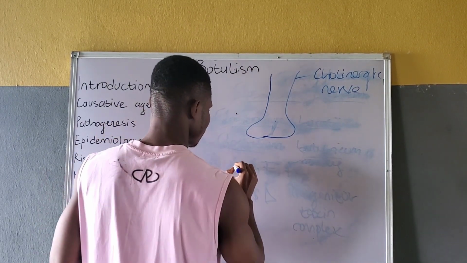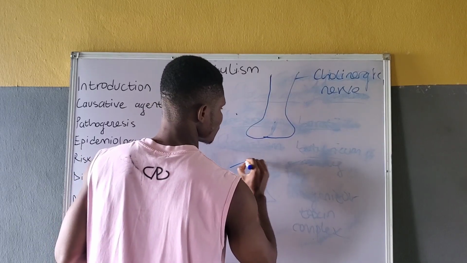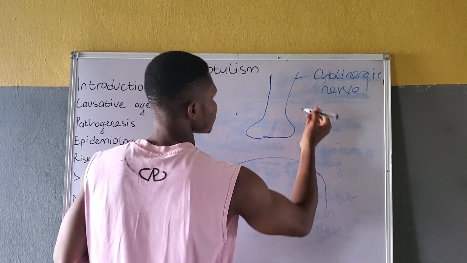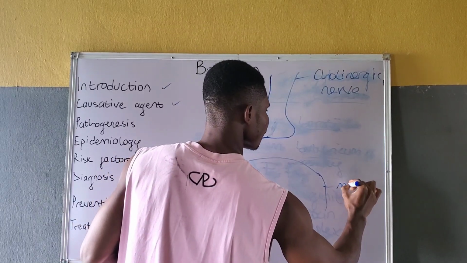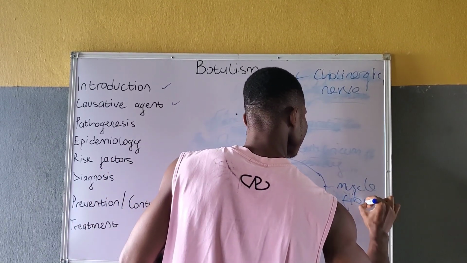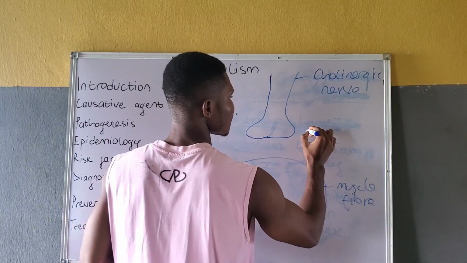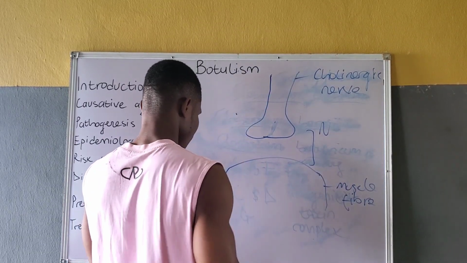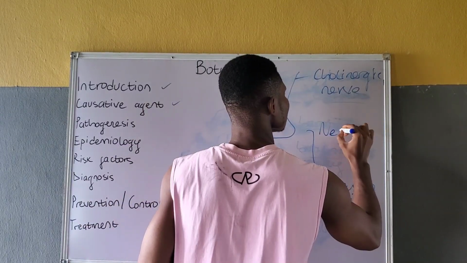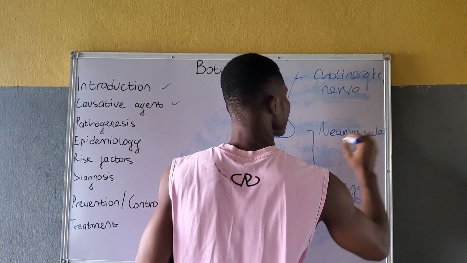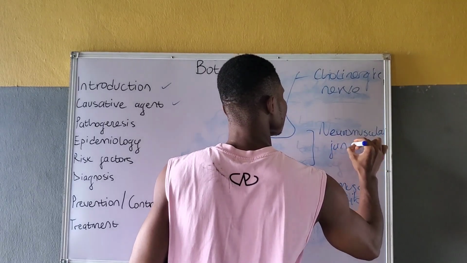And then this is a muscle, a muscle fiber. The cholinergic nerve and muscle. This is the neuromuscular junction.